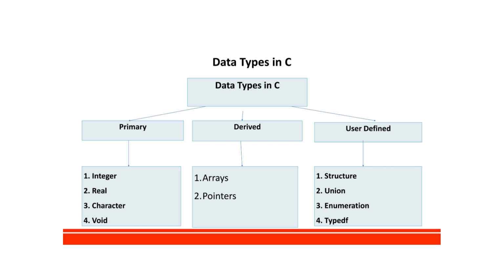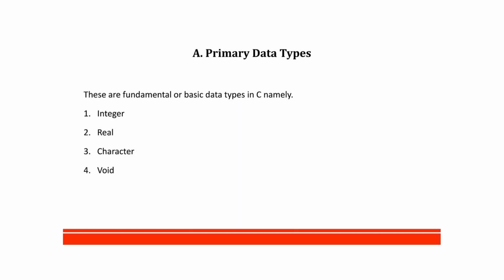Primary data types. These are the fundamental or basic data types in C, namely integer, real, character, and void. Integer data types. Integer data types are used to store whole numbers without any fractional or decimal points. The primary keyword used for integer is int. Int is a signed integer.